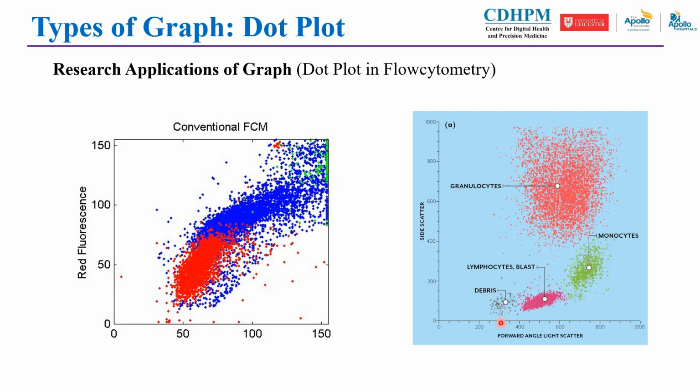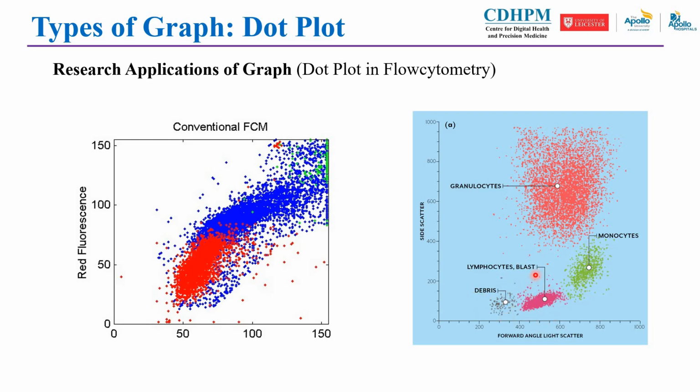So look at this. It says that if the particular cell has forward light scatter this much and a side scatter this much, then it belongs to a particular group type of cell. Granulocytes, monocytes, lymphocytes or lymphoblasts, and debris.